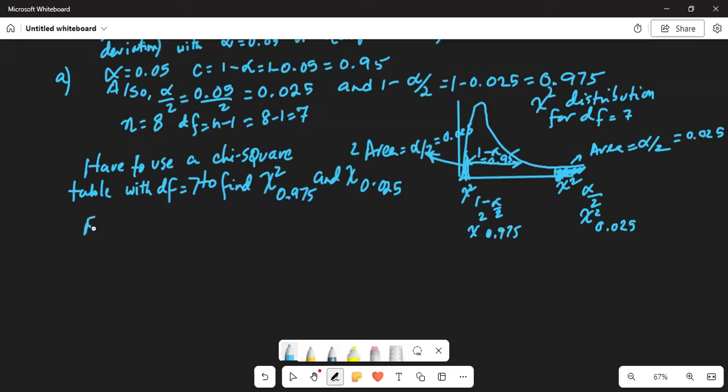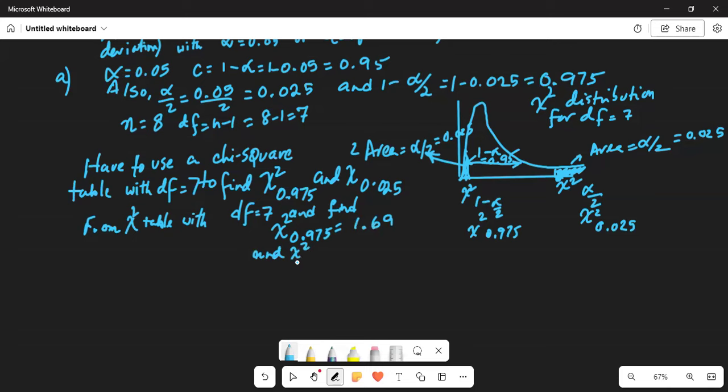So from the chi-square table with df equal to 7, I draw a horizontal line through 7 and find chi-square 0.975 is equal to 1.69, and chi-square 0.025 is equal to 16.013.